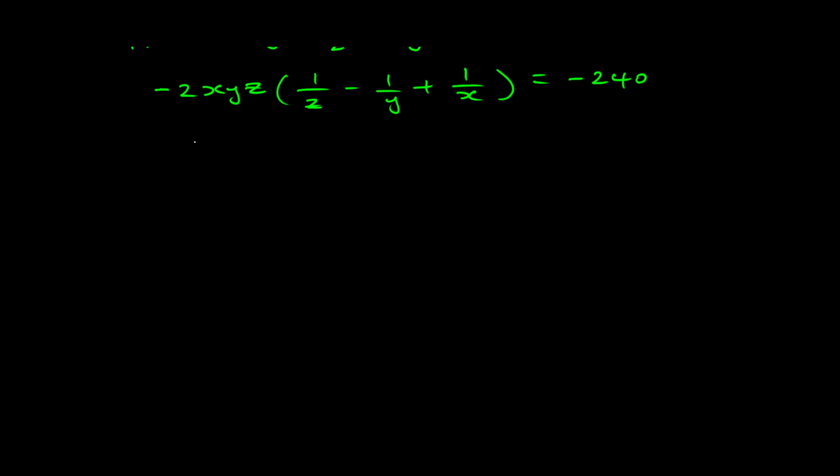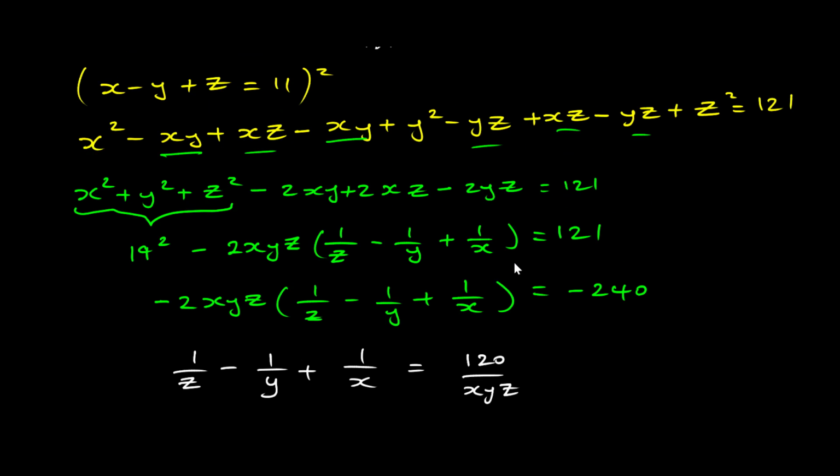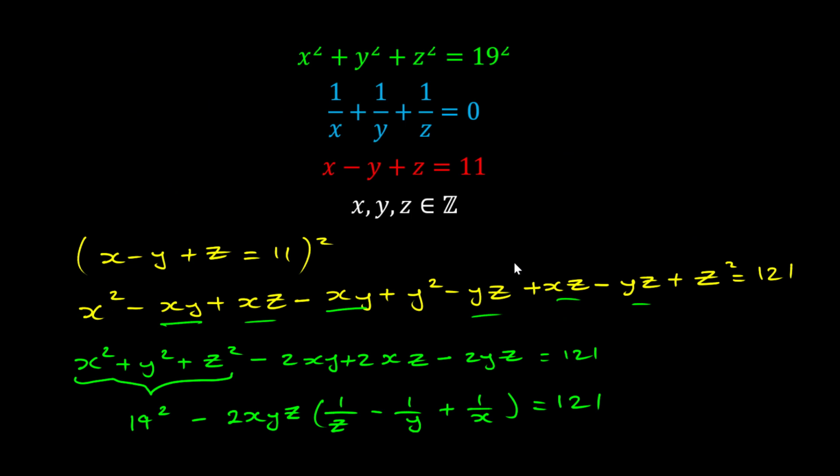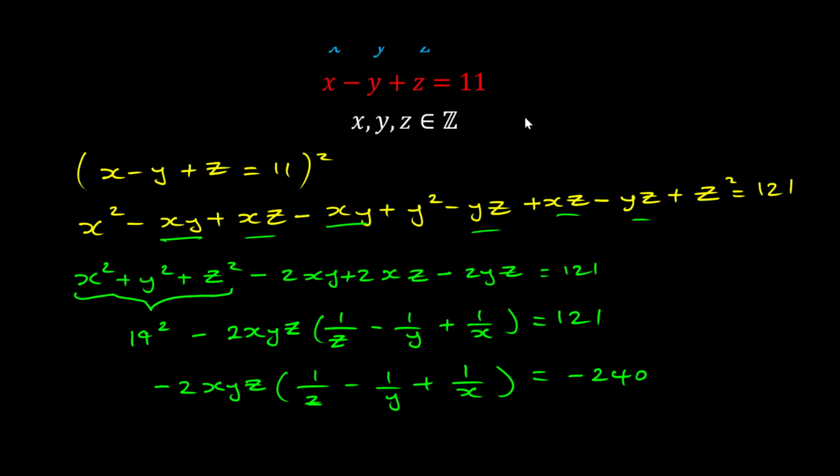So we will be left with 1 over z minus 1 over y plus 1 over x being equal to 120 over xyz. Great. So if we take a look at our initial equations, one of the equations which was given was 1 over x plus 1 over y plus 1 over z is equal to 0.